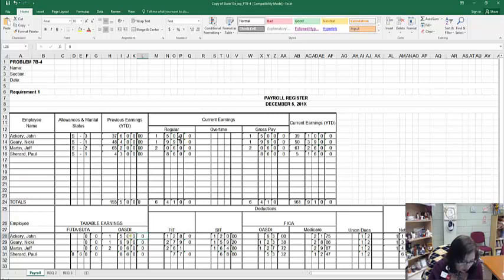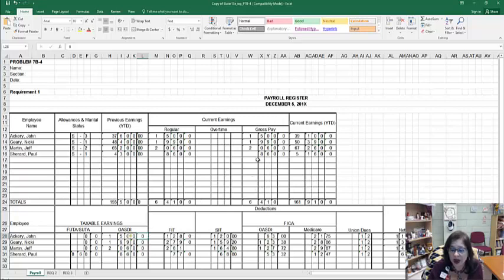Then their current salary or earning, okay? So one of the things you have to see is that during this time, they made 1,500, and then you've got the 1,990, 2,060, and the 860. This could be a new employee, we don't know. And of course, the totals for the bottom.